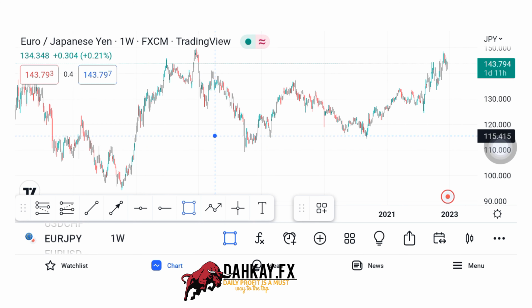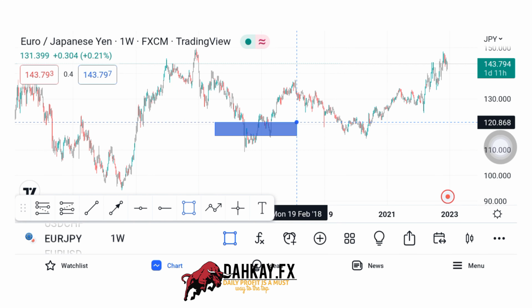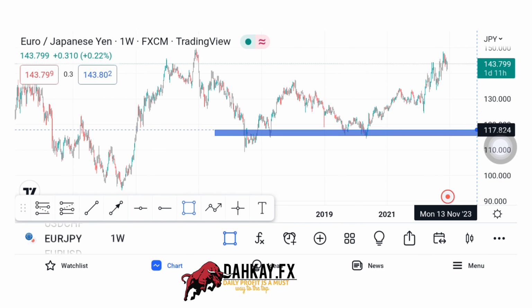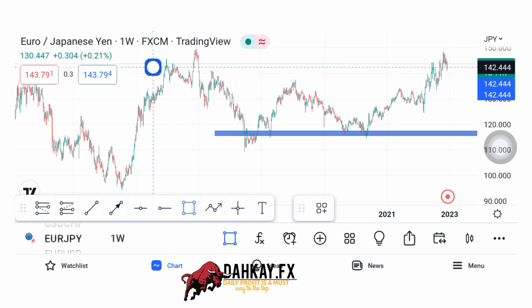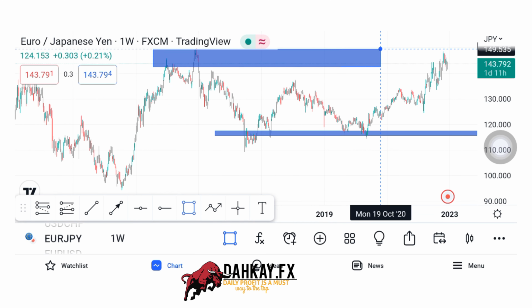I can see a very strong level, and we can see another point where the market was returning mostly.